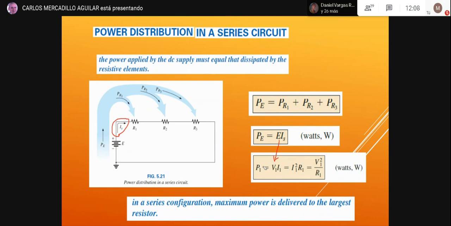In a series configuration, the maximum power is delivered to the largest resistor. Of course, in this case, we can see that this has a bigger power, then for sure this R2 is bigger than this and this. This is bigger, then follows this, and this is the lower resistor. So it consumes less power because it is in function of the value of the resistor.